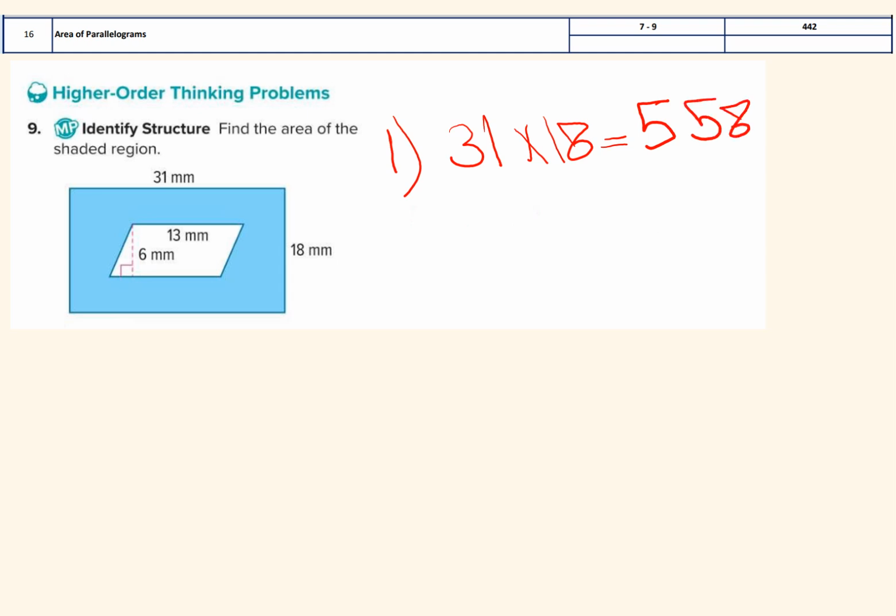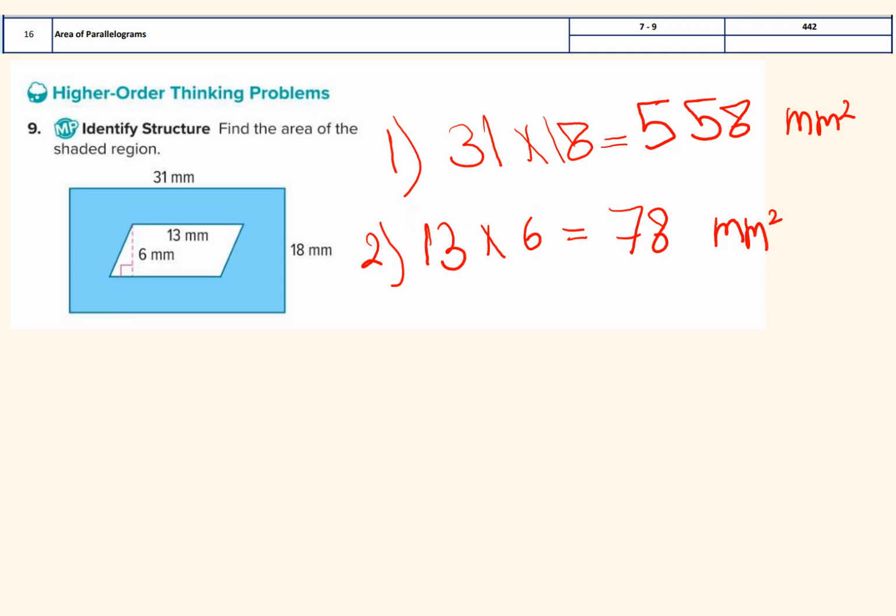So the area is going to be 558 squared millimeters. And then the second step is to find the area of the inner part, which is 13 times 6. The answer is going to be 78 squared millimeters.